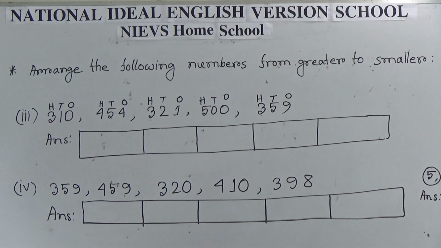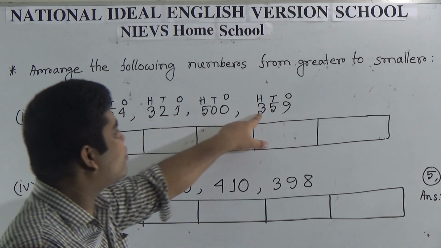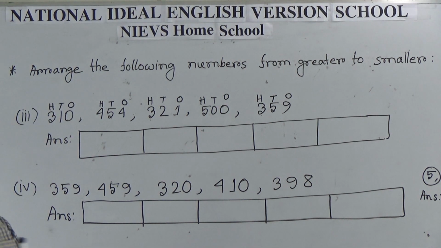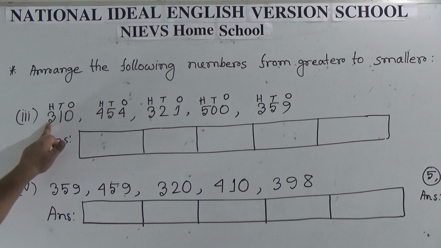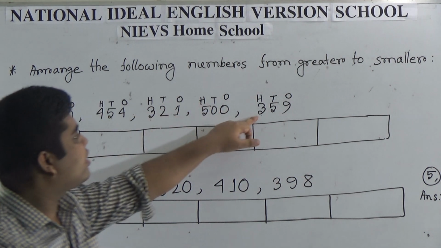My dear students, notice here at first we notice the hundreds place digit of the numbers. Notice 3, 4, 3, 5, 3. From these digits, which digit is greater? That means 300, 400, 300, 500, 300.